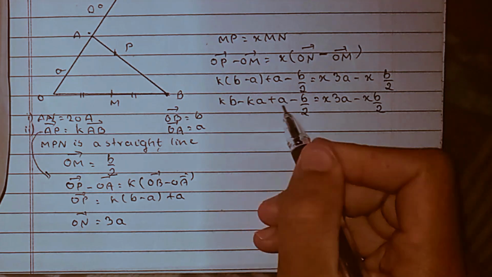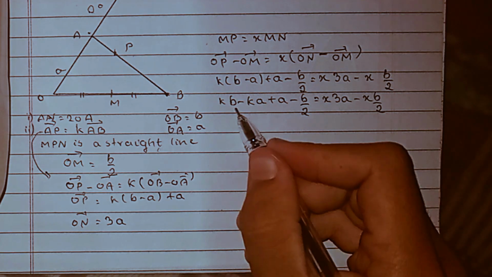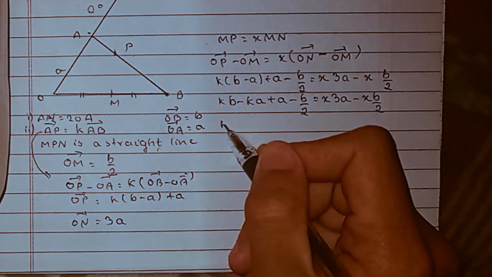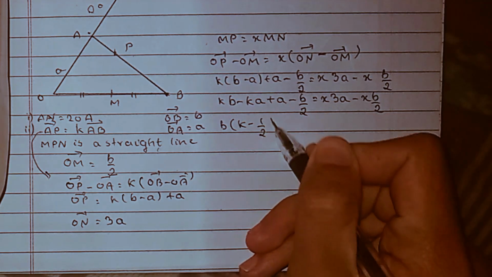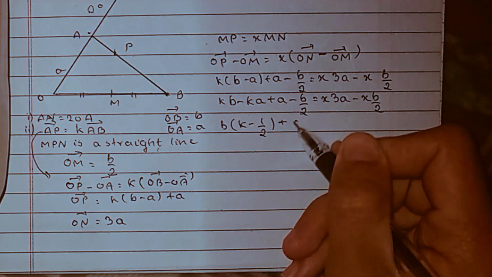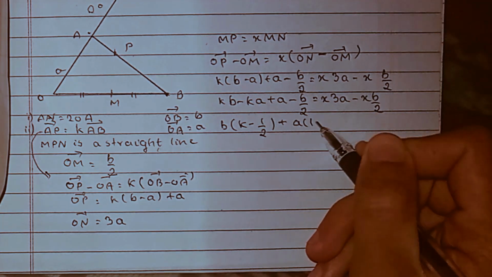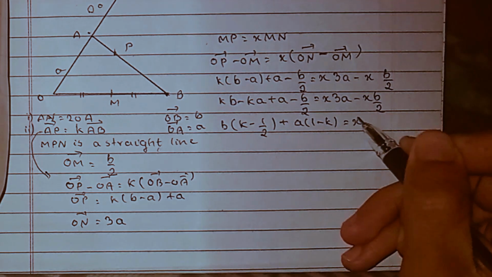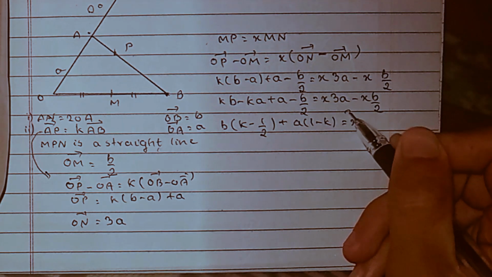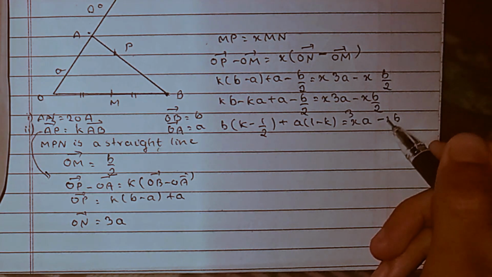Now we will keep the like terms together, that is, B. So B times (k minus 1 by 2) plus A times (1 minus k) is equal to 3xA minus (x by 2)B.